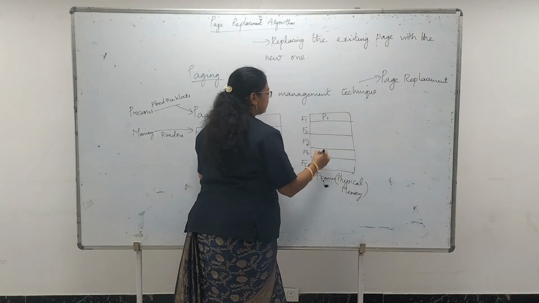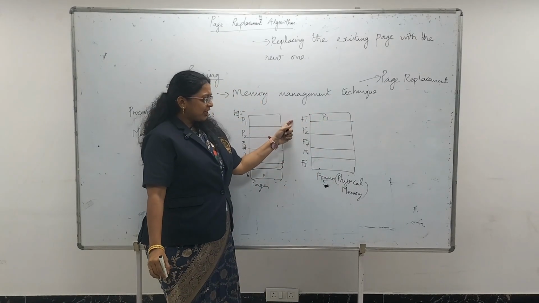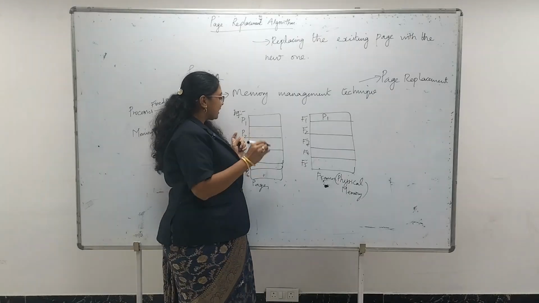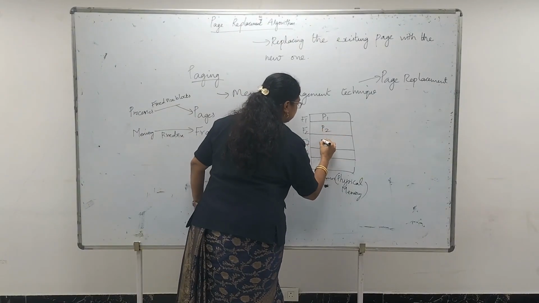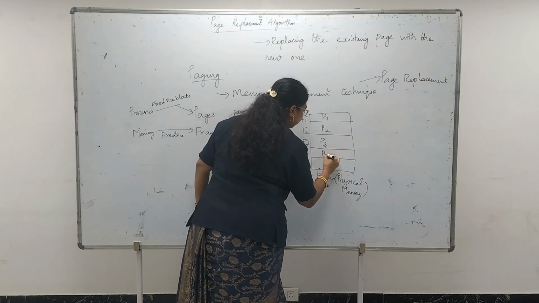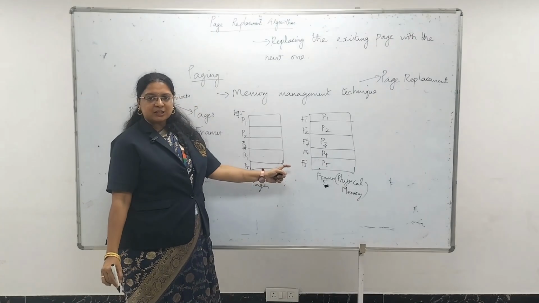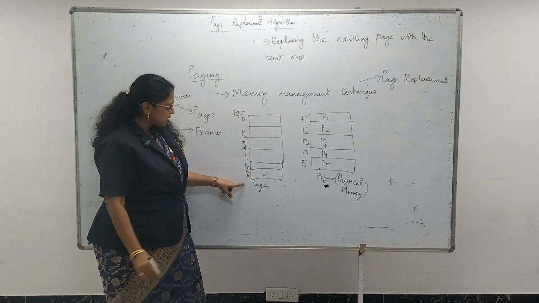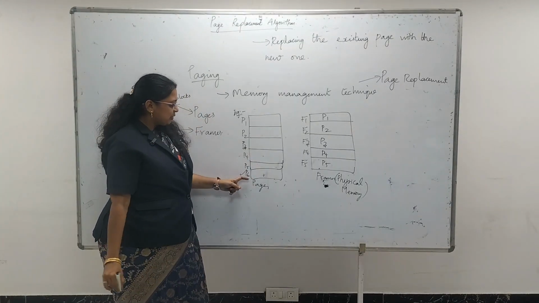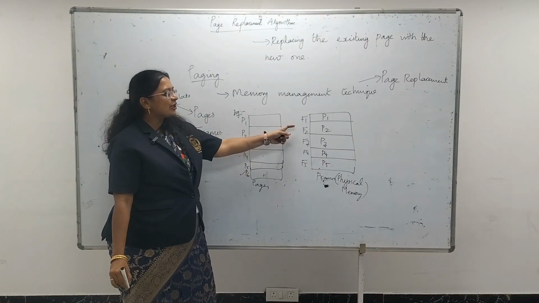So frame 1 consists of P1, next P2, P4. We insert each and every page into the frames accordingly. The last one is page 6. Now you need to insert page 6 into a frame.